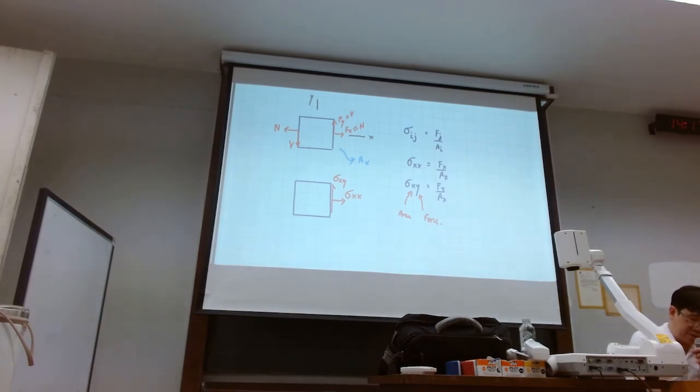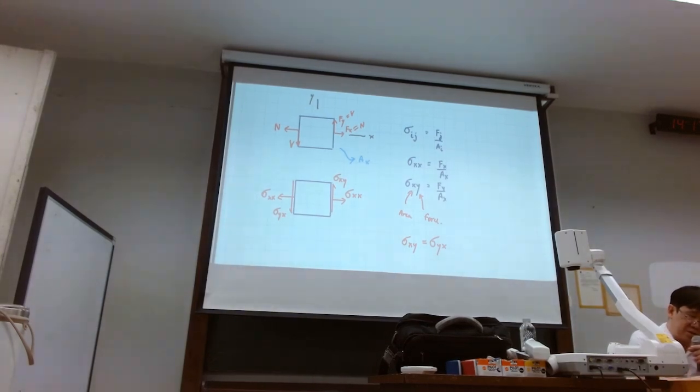So just from here, I will be able to say that on the left, I should have stress XX as well. I should have the stress, this is going to be YX as well. And we will find out that the stress XY must be equal to the stress YX.